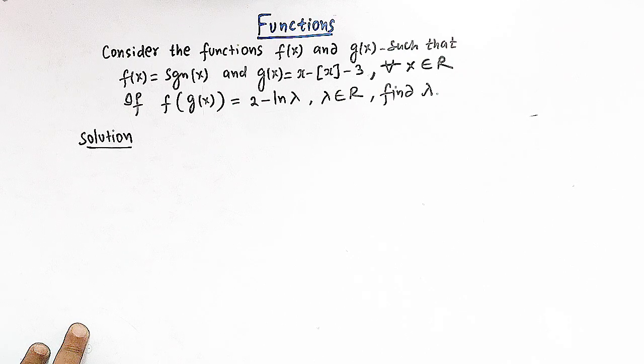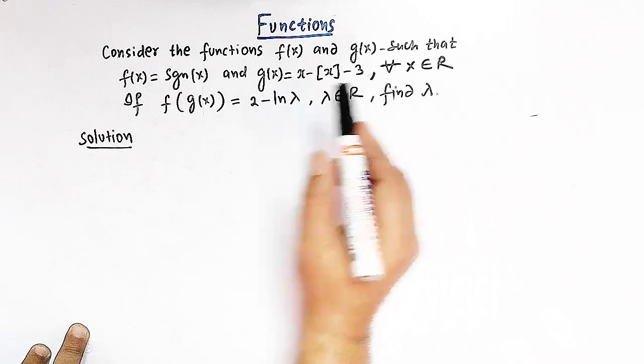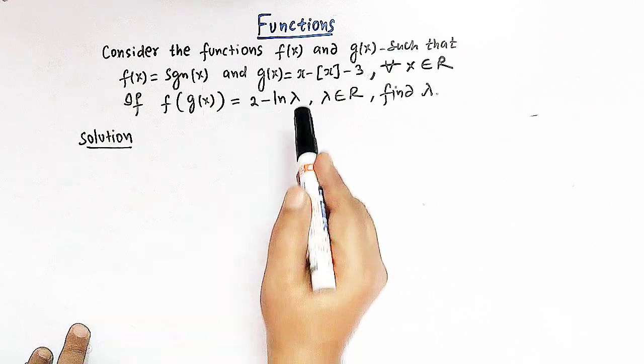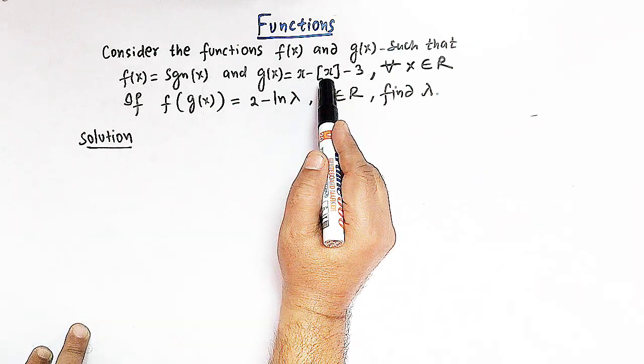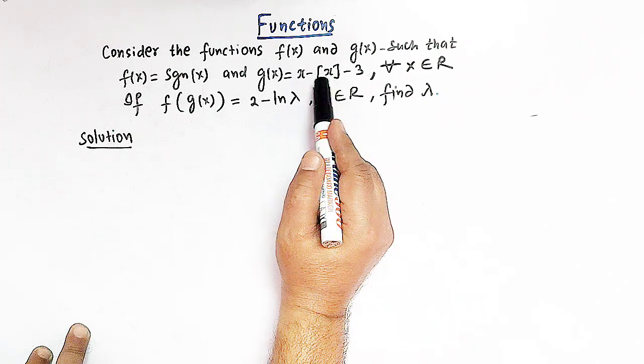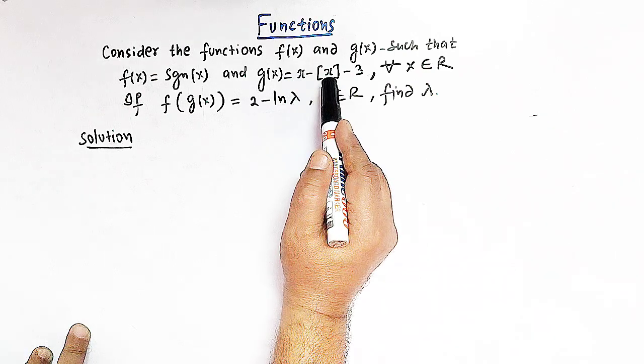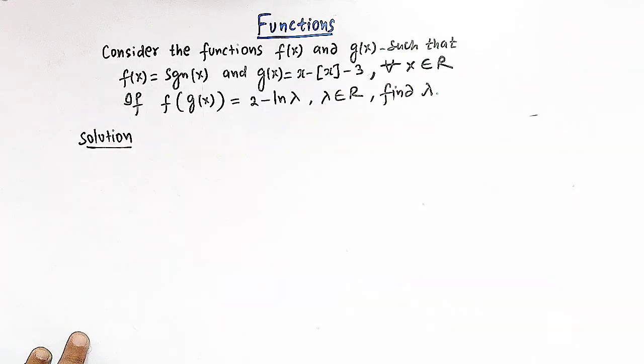So let us see how we can find the value of lambda using the concept of signum function and fractional part function, because here we have x minus greatest integer of x, and the fractional part function of x is defined as the difference of x and greatest integer of x.